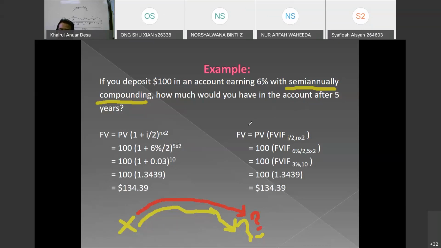Setahun ada 2 kali, so 5 tahun ada 10 kali. So, the answer is 1.3439, from the table. The answer also is 134.39.